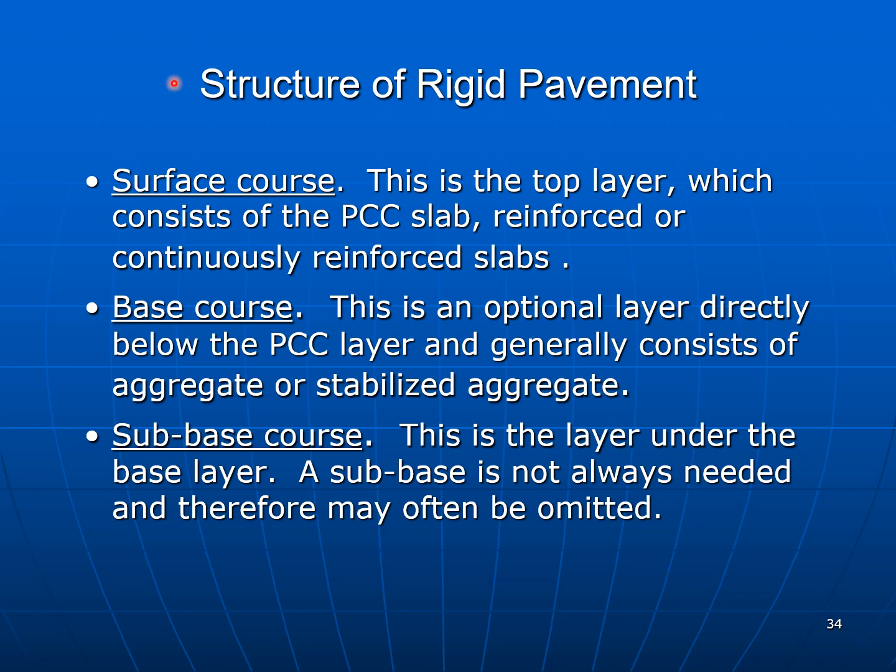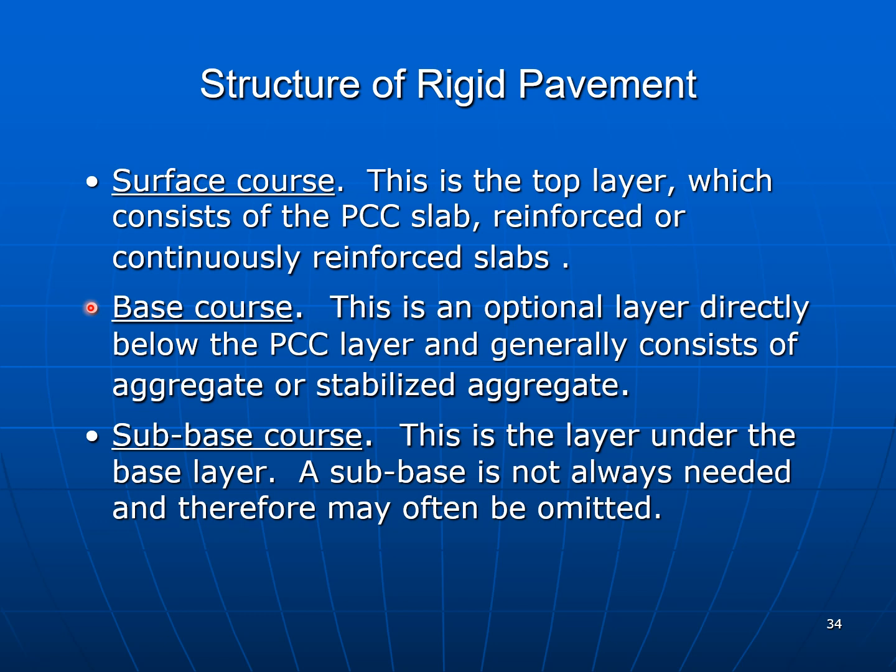Now look at the structure of rigid pavements. At the top, surface course is there. This is the top layer, which consists of the PCC slab, reinforced or continuously reinforced slabs. Then under that we have the base course. This is an optional layer. So here look at the word optional.